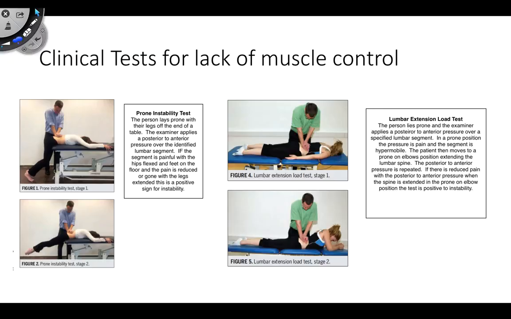Clinically, we don't usually have access to MRI and PCSA, especially before and after treatment. So a test to determine if muscle control is important to pain, with the idea being that muscle control might stabilize and prevent pain, are these two clinical tests.